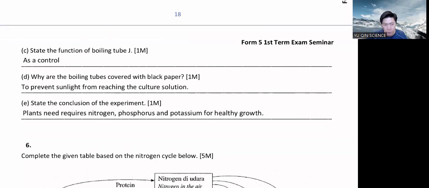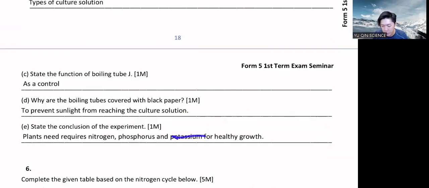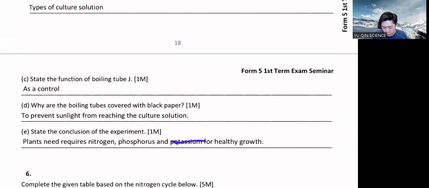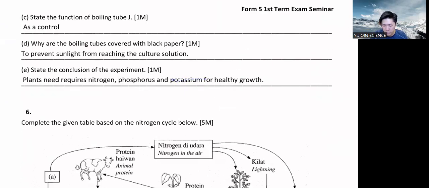This experiment is to show you that you need these three things to be healthy. It's not like testing concentration of antibiotic, which one is stronger, better. No, this one is just to show you you need this. Even if you don't write potassium, okay, because this one doesn't have potassium, this one is just phosphorus and nitrogen. You can go without potassium if you want to.